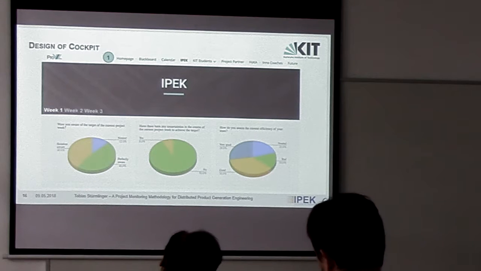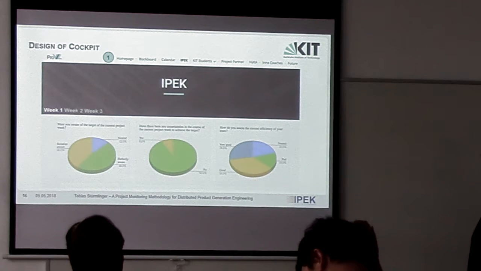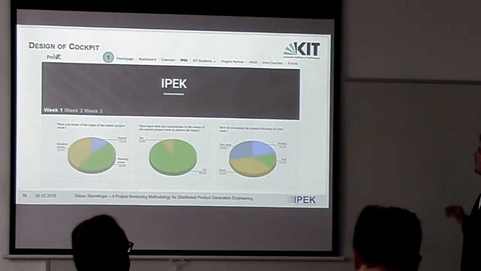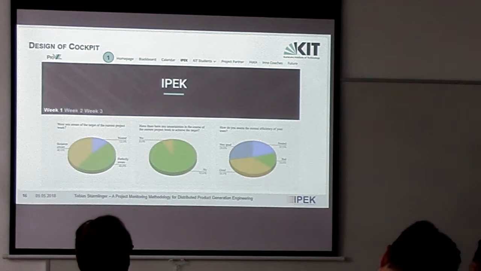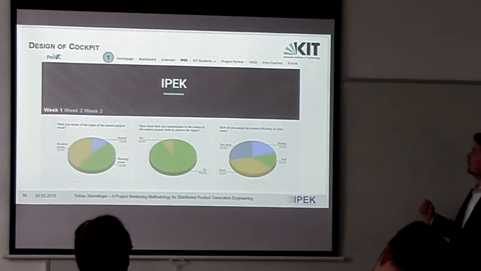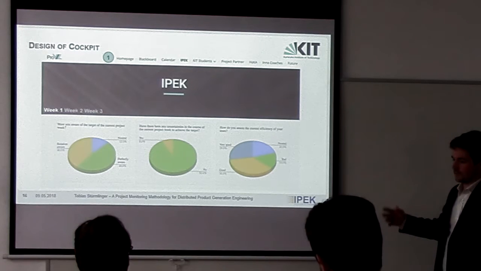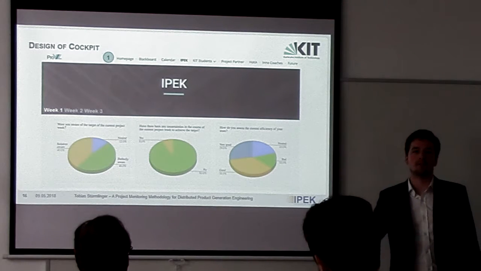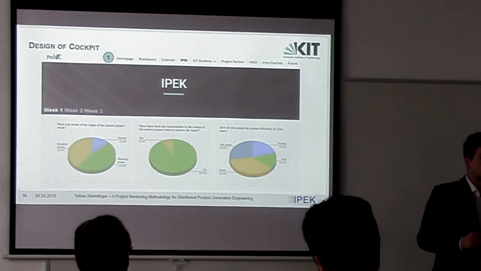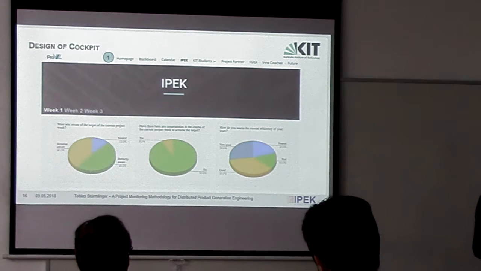We can see here on the top that the different stakeholders can select their role, and of course the access is restricted to that group only, because, for example, the students shouldn't know some answers about the motivation of their team colleagues, because it could influence their project or their work in a negative way.